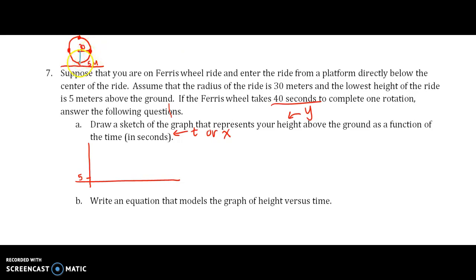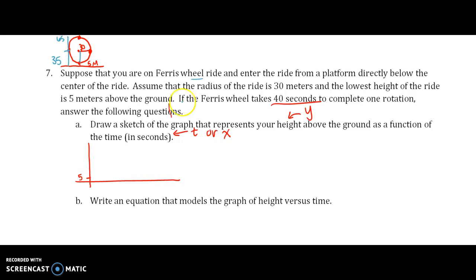Then we know that the distance from that point down to the platform is an extra 5. So this total height at both this 9 o'clock and the 3 o'clock would be 35 meters. Okay, so we know 35 meters. And then the highest point would be 30 above that, which would make it 65.